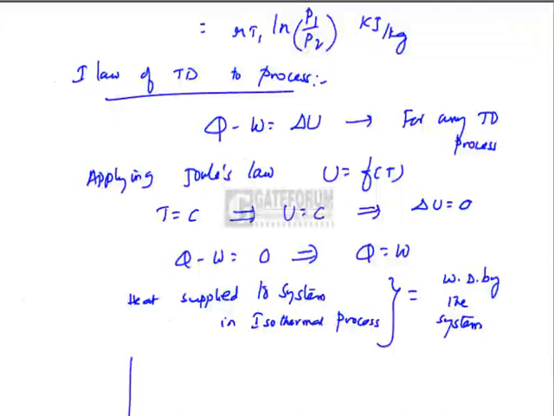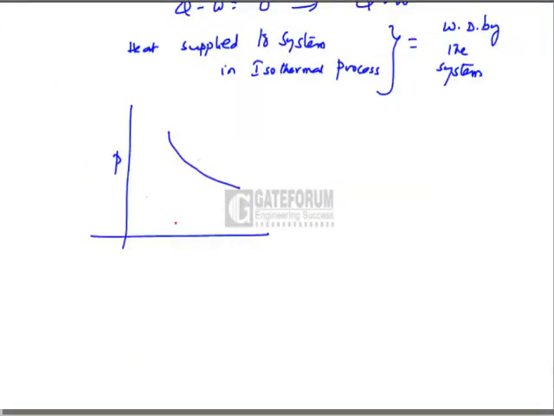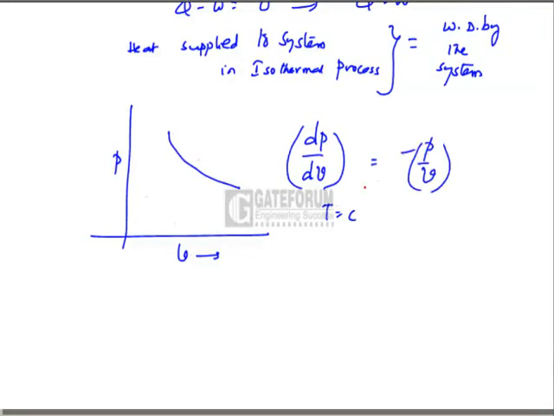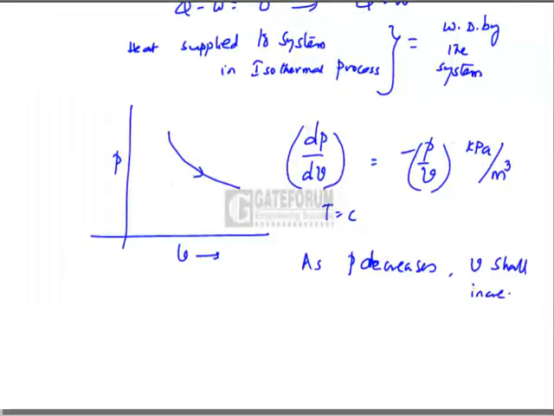The slope of this process on the PV plane can be given as minus P by V. The minus sign indicates that in a constant temperature process, as P decreases, volume shall increase, as is seen from the diagram on the PV plane.